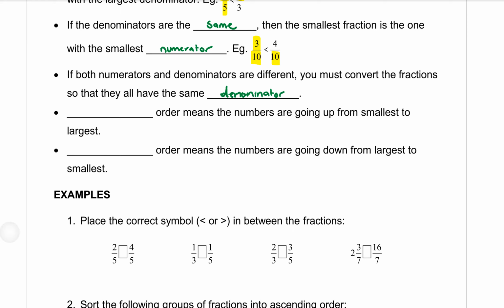So the word ascending order means the numbers are going up from smallest to largest. And descending order means that the numbers are going down from the largest number to the smallest number.